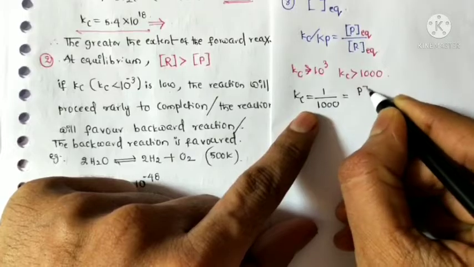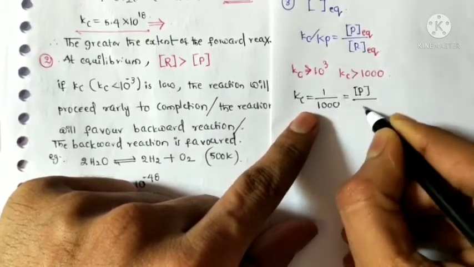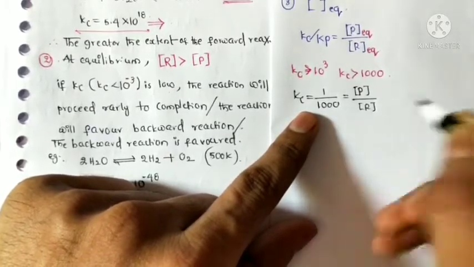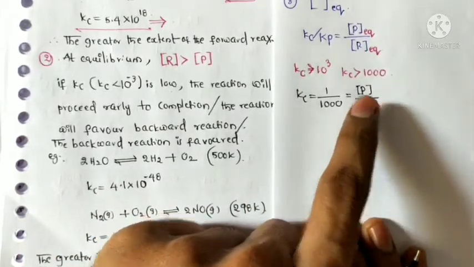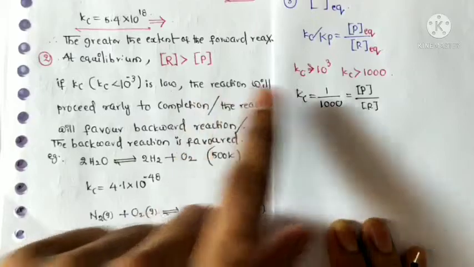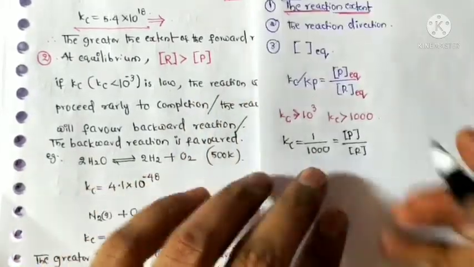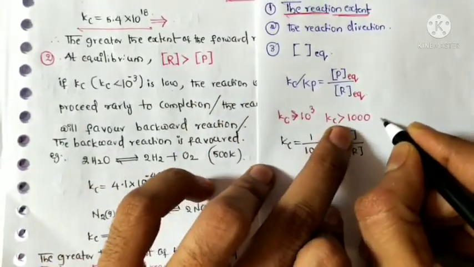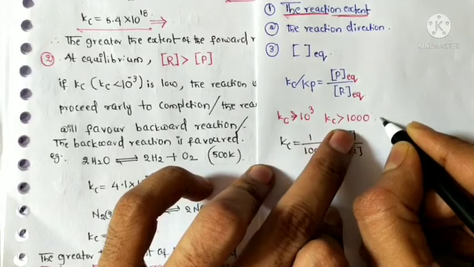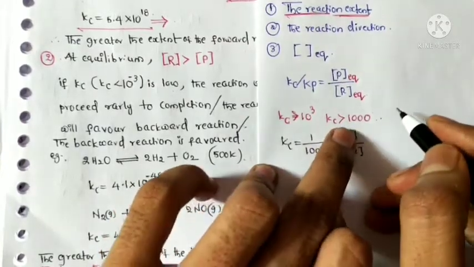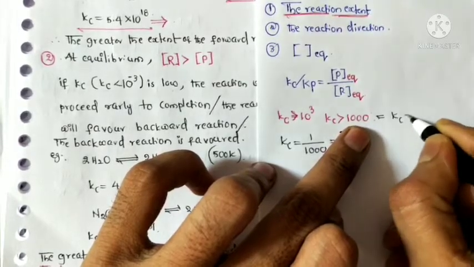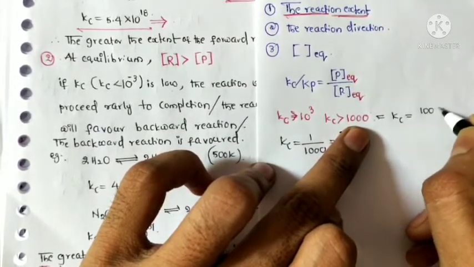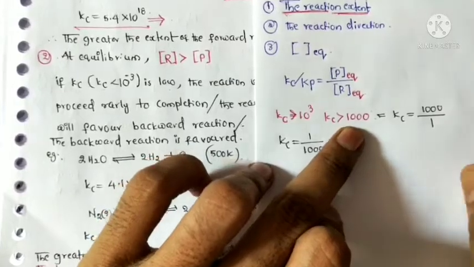For example, product concentration and reactant concentration: which concentration is high? Reactant concentration is high compared with the product concentration. Here, if the Kc value is greater than 1000, Kc equals 1000 divided by 1.